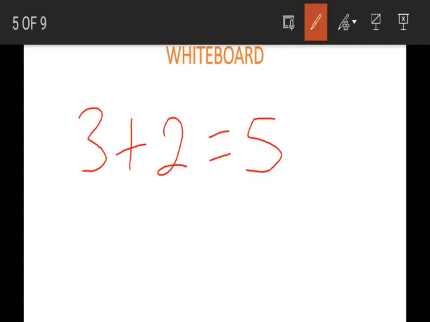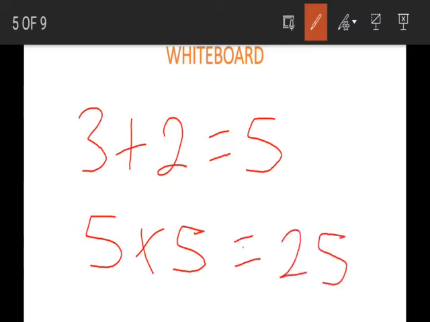Then that 5, you multiply it by the number at the base, which is the number at the bottom, which is 5. And 5 times 5 gives you 25. That's how the 25 is gotten. Guess it's understood?